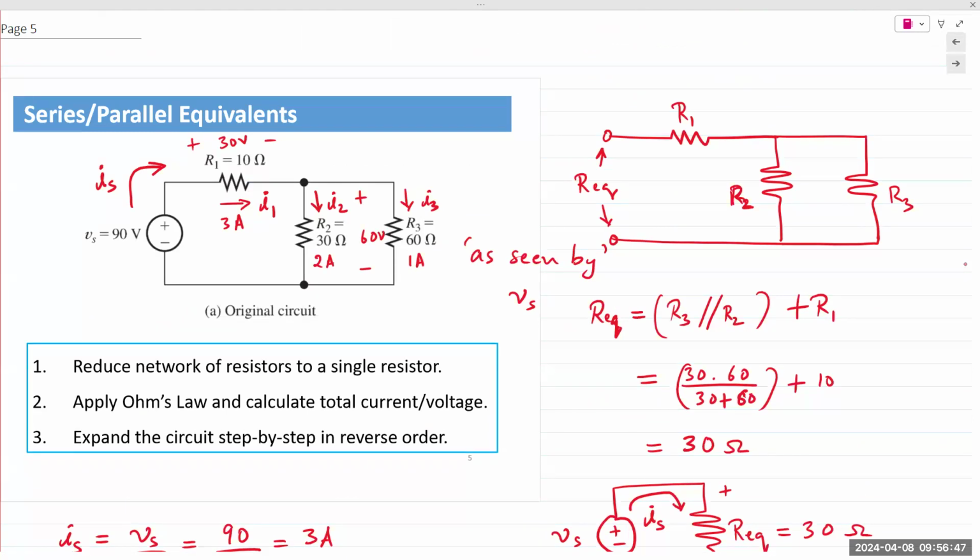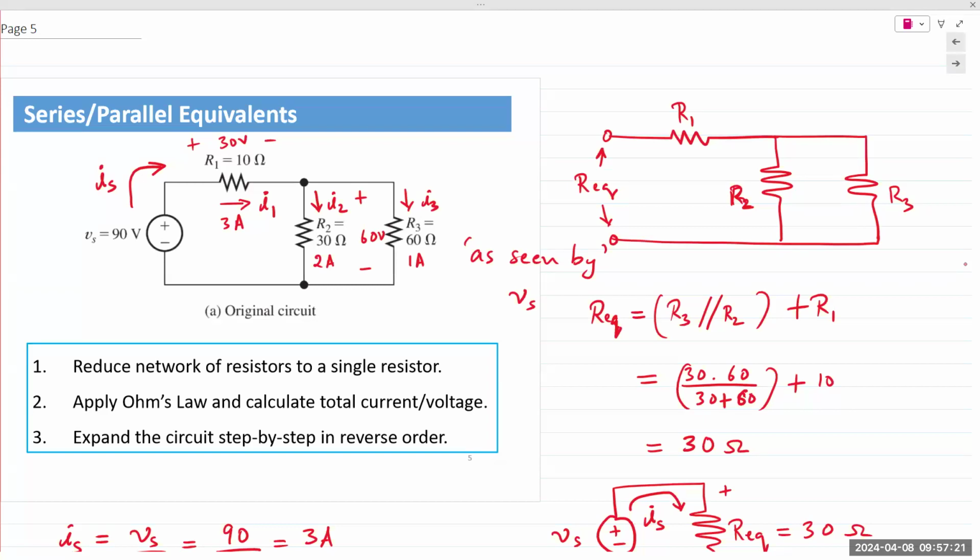Note the polarity. If current enters the junction for a passive component like a resistor, current flows from high to low, meaning point of entry of the current is plus, point of exit is minus. The voltage drop across each resistor is directly proportional to the value of the resistor. The higher the value of the resistor, the higher the voltage. Lower the value, lower the voltage. So a 10 ohm resistor has only 30 volts, whereas the 20 ohm resistor has 60 volts across it.